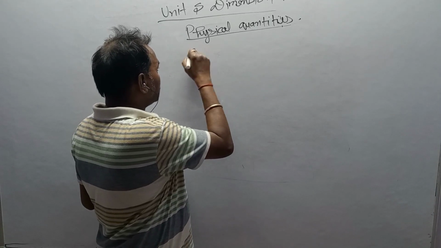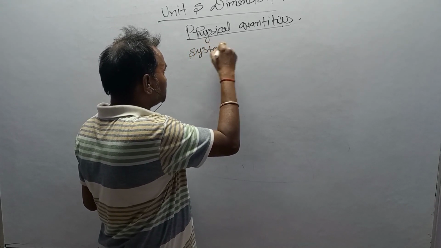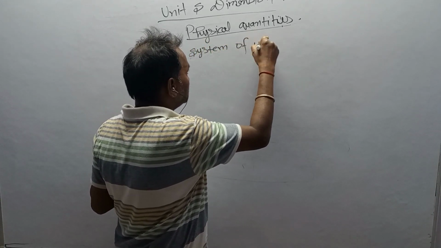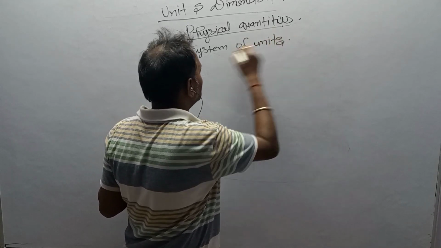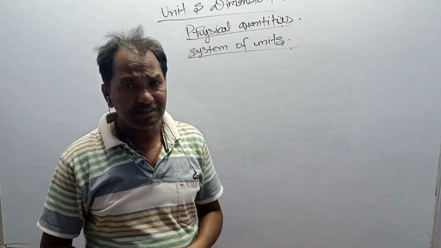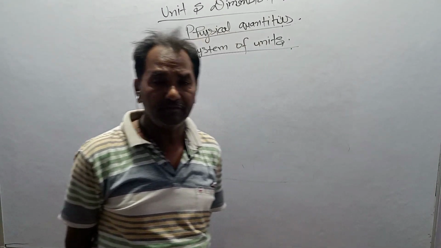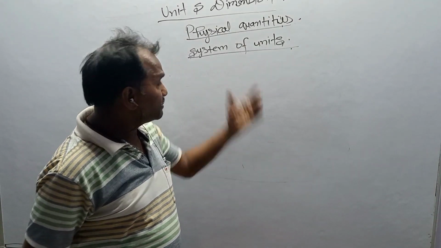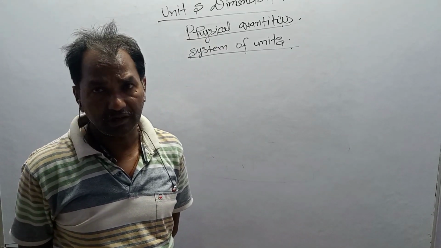Now let's talk about the system of units. Little friends, you know, in science and technology it is said that necessity is the mother of invention. Three kinds of systems of units are used across the globe.